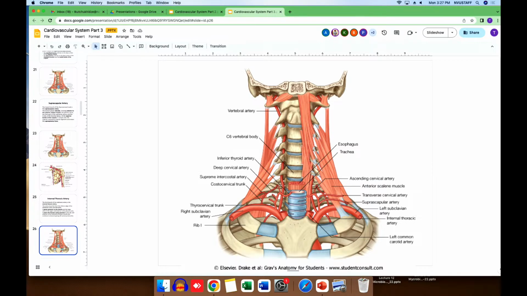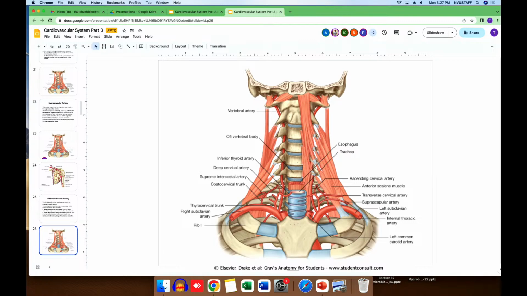So thus, we can summarize our subclavian arteries, what we are having, right? We are having subclavian arteries, further that will become our vertebral artery, further that it is becoming the axillary artery, right?